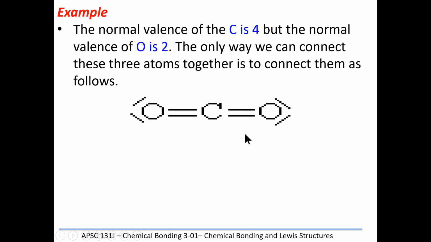If I look at a circle here showing there's 8 electrons around this oxygen, there's 8 electrons around this oxygen, and there's 8 electrons around the carbon. By establishing 2 double bonds, we can create stability in carbon dioxide. We say the bond order between these carbon and oxygen atoms is 2.